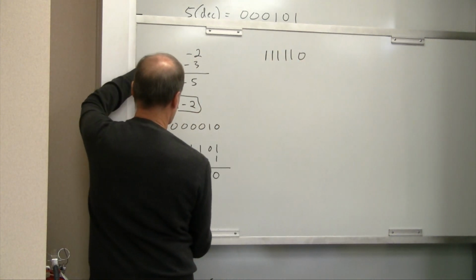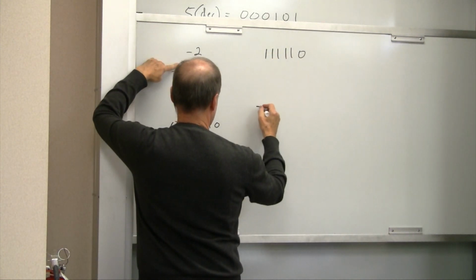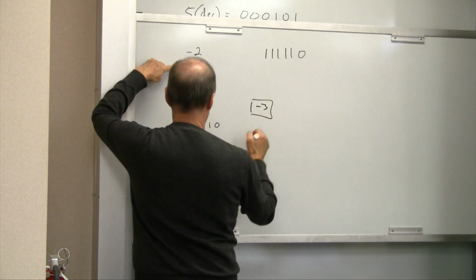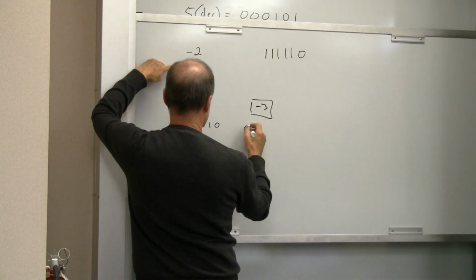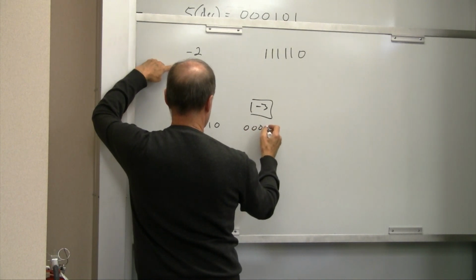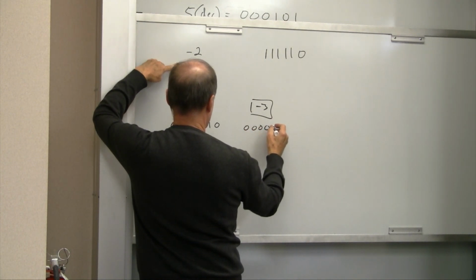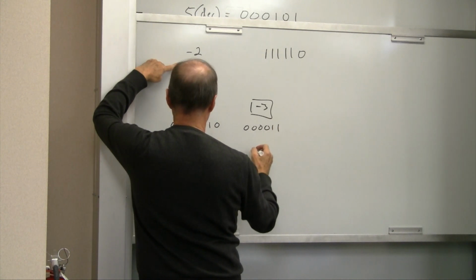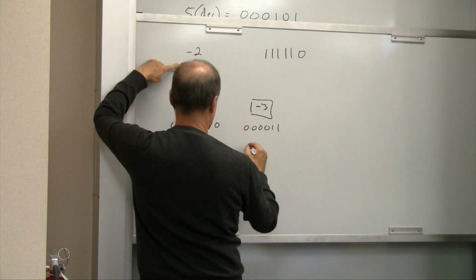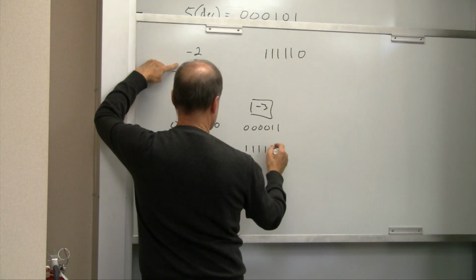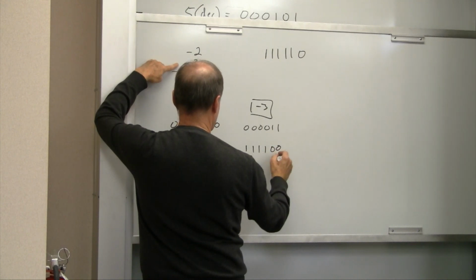And what about -3? Let's do -3. So now what is positive 3? 0, 0, 0, 0, 1, 1. And how do we make -3 out of this? 1, 1, 1, 1, 0, 0, and then do what?